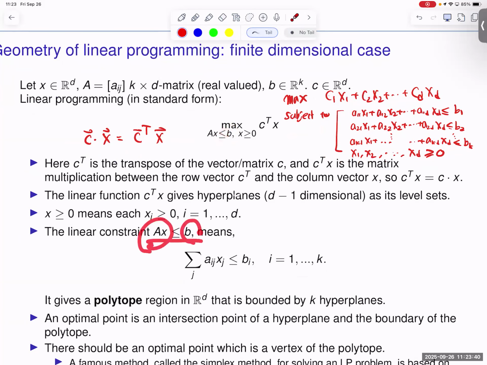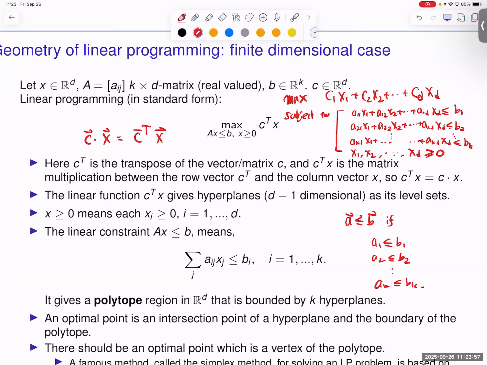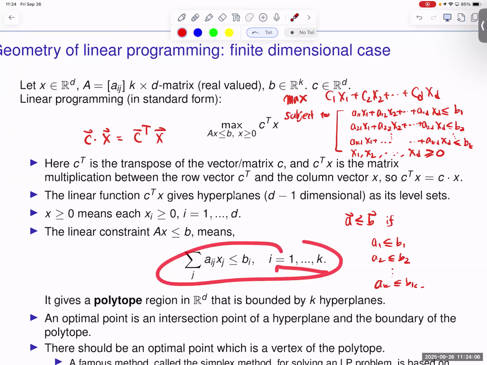You say that two vectors satisfy this inequality, like a is less than b, if a1 is less than b1, a2 is less than b2, and so on. If each component satisfies the condition, then you can simply write down these conditions as just this simple expression. So in linear programming, they use this convention. Maybe you don't see it in other areas of mathematics, but in linear programming.